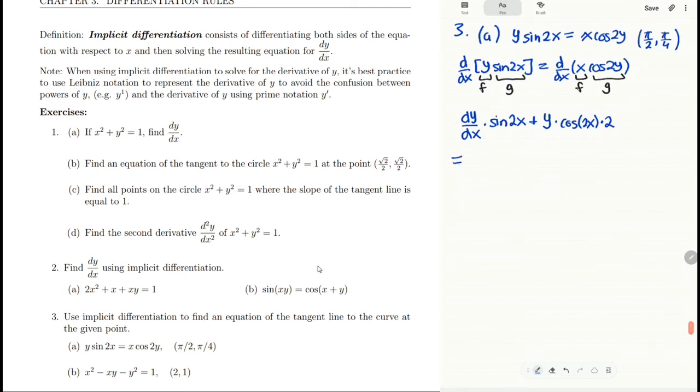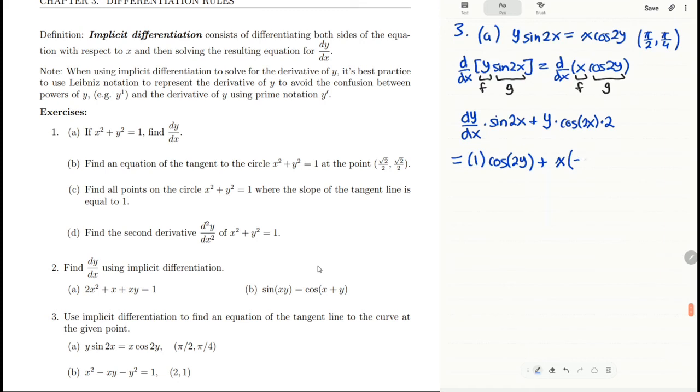And this will be equal to the right-hand side, which we use another product rule. So the derivative of x is 1 times g, which is 2 times cos of 2y. And then we add this to x times the derivative of cos of 2y. So here we use the chain rule.